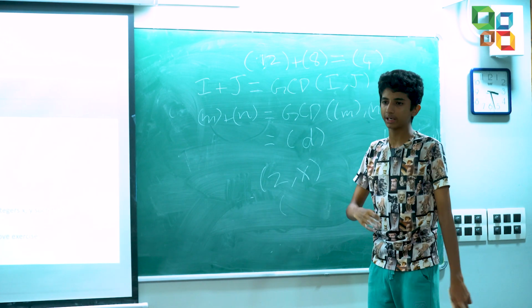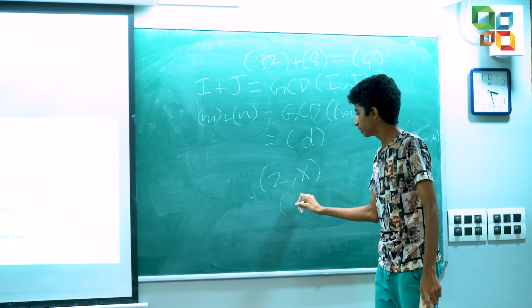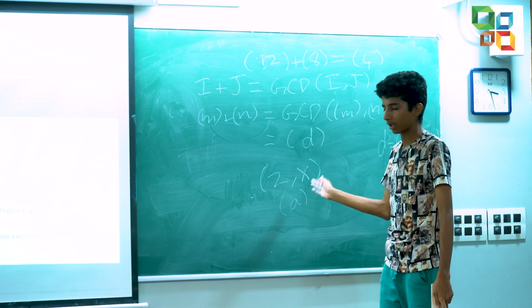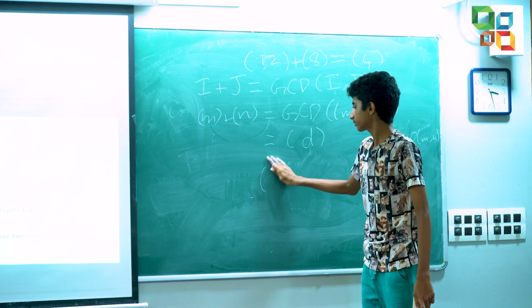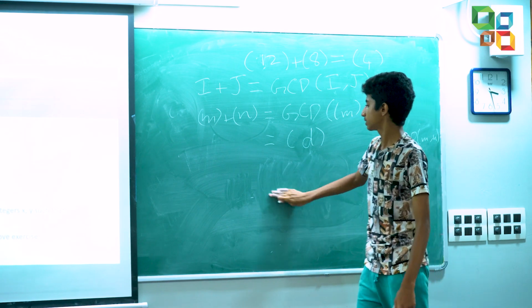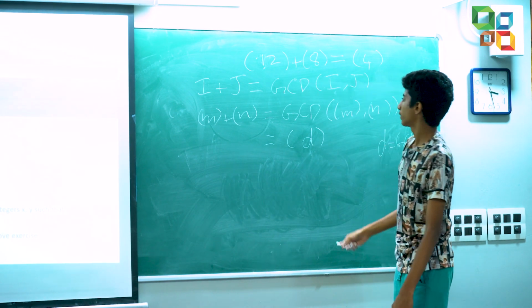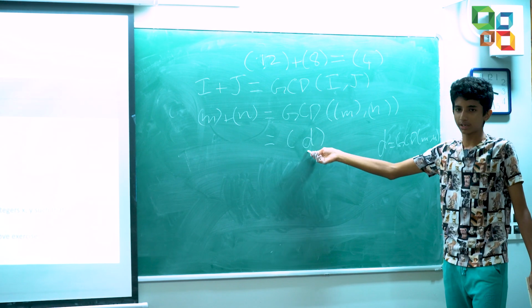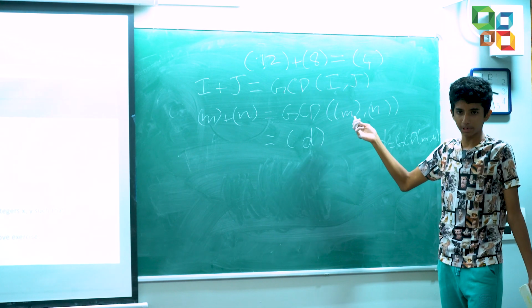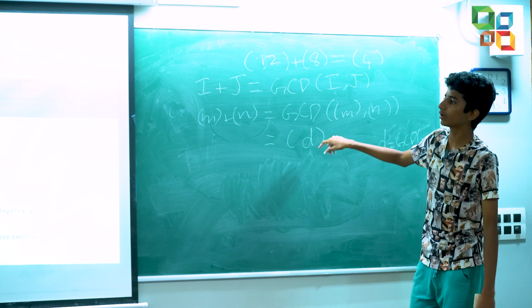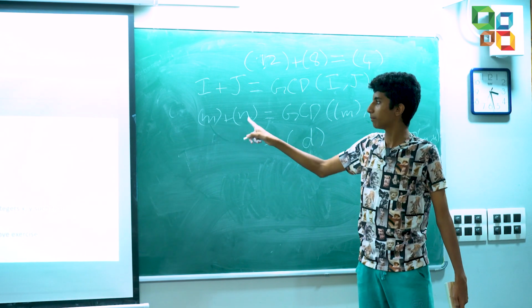Any ideal, you add anything, you multiply anything, it can all be shown by one element, some A. So first of all we argue that it is generated by one single integer D, because it's a principal ideal domain. Now what we want to argue is that D is the GCD of M and N.